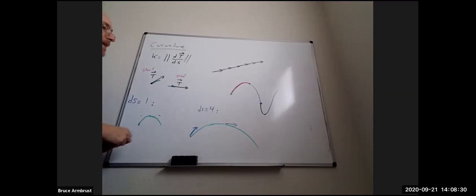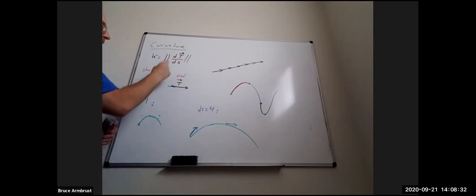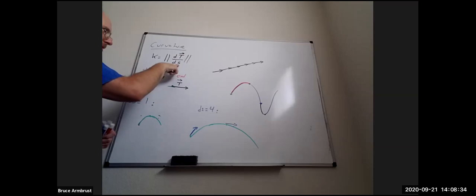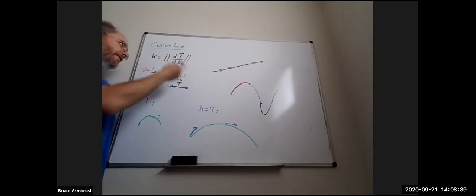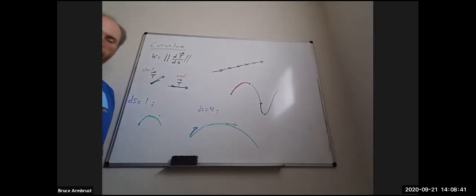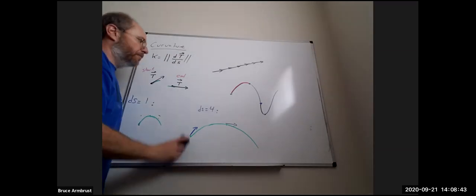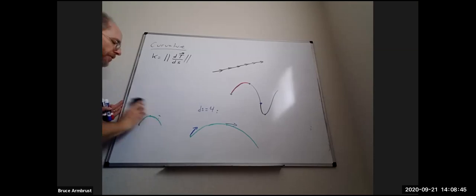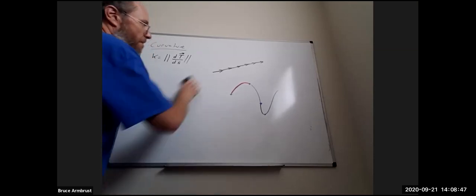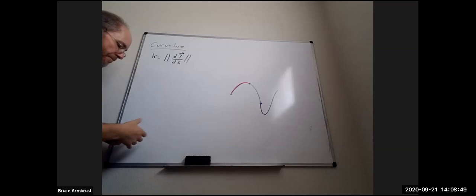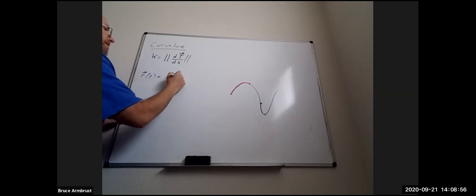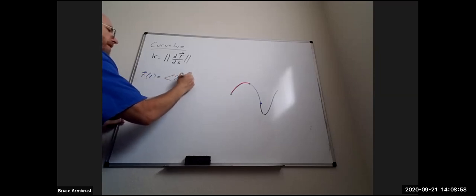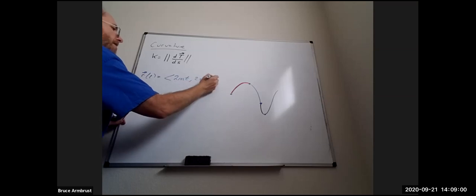All right, so basically what this is saying is that if we've got our unit tangent vector in terms of s, we're good to go. We just differentiate it and find its magnitude, and we're done. So go back to that circle. When we did that circle, the first one that we did, we had r of t was just 2 cosine t, 2 sine t.